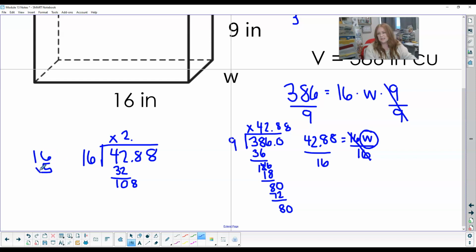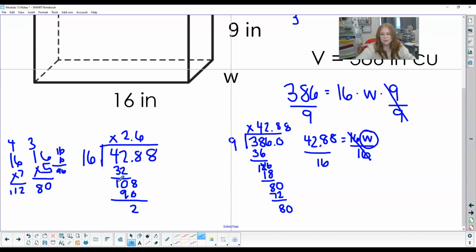Let's try 16 times 5, that's 80. Oops, it's bigger than 58. I know 16 times 6 is going to be 96. Can I get another one? Just a little bit too big. 128, oh, that's too small.